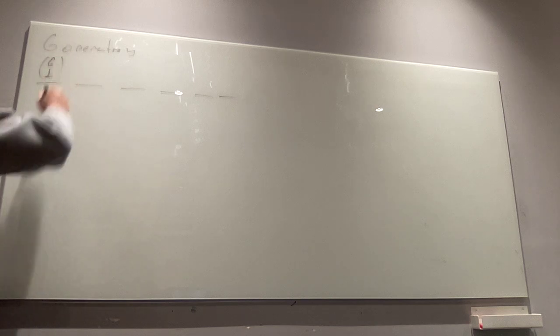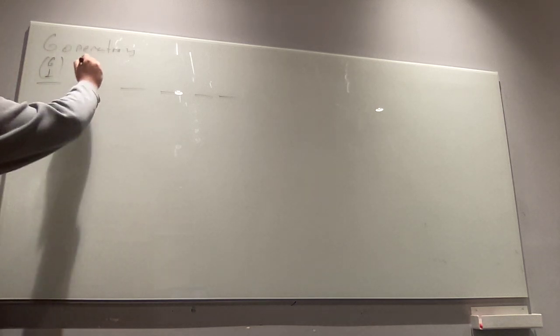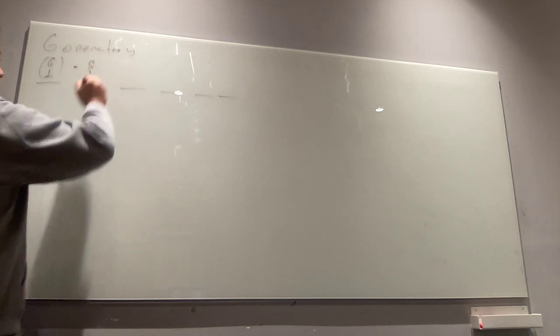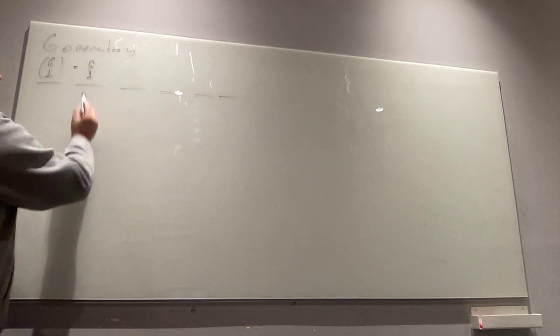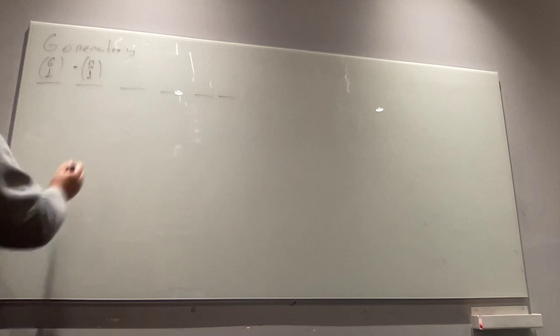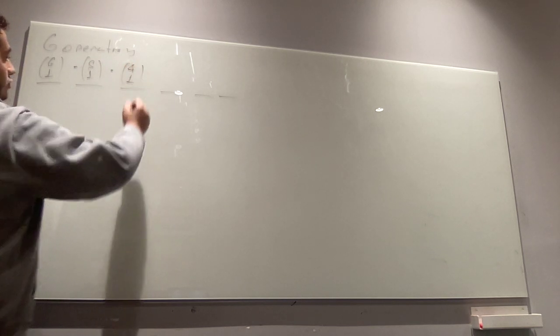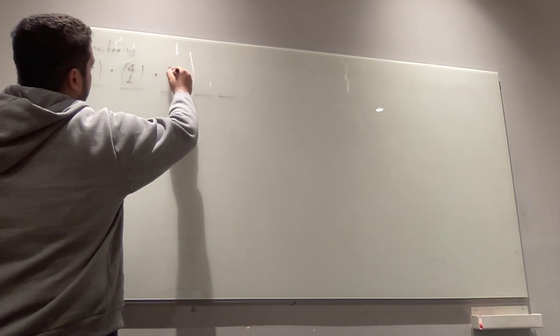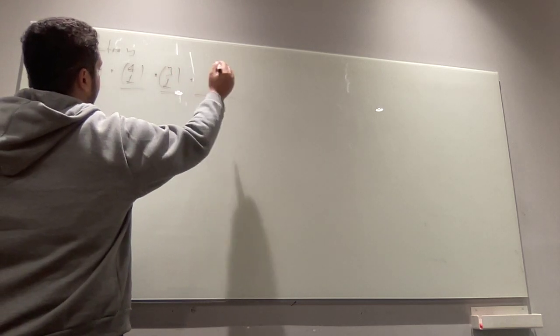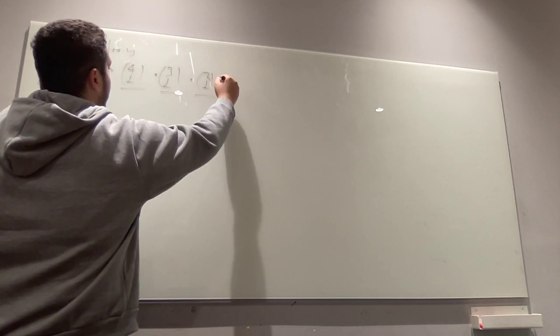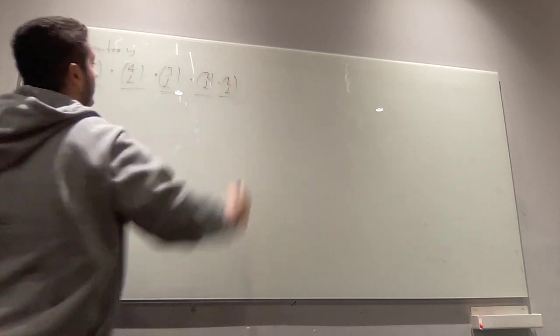6 choose 1. I will choose 1 operation for first from 6. 5 remaining. Multiple selections are happening at the same time. 5 choose 1 for second. 4 remaining, and 4 choose 1 for third. 3 choose 1, 2 choose 1, and 1 choose 1.